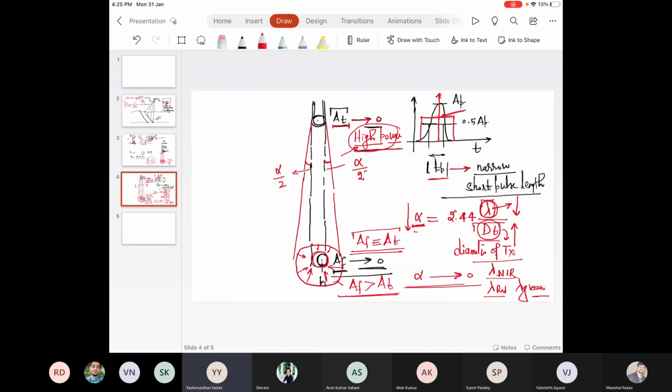The relation between alpha and lambda is linear. Alpha is directly proportional to the wavelength. So if you increase it, then alpha will increase.